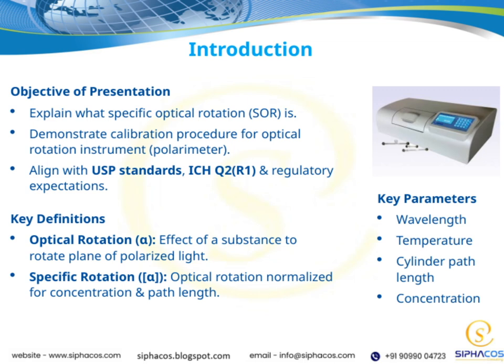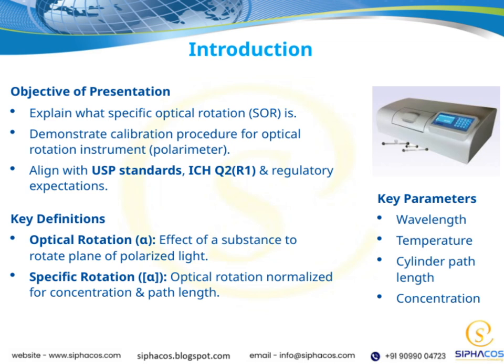Now, moving on to some foundational concepts. Today, we'll introduce what specific optical rotation, or SOR, actually is. It's a standardized way to express how much a substance rotates polarized light under specific conditions. We'll also demonstrate the calibration procedure for our optical rotation instrument, the polarimeter.